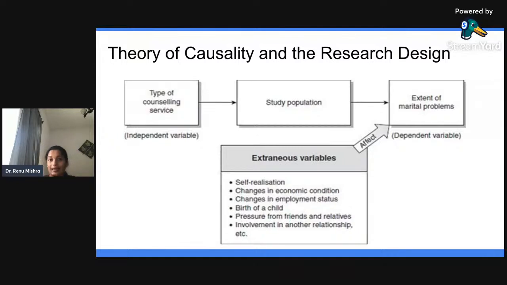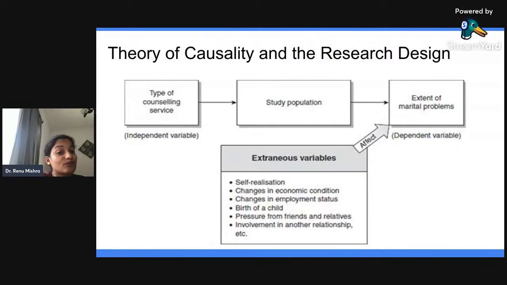Okay. Now, in this example, if there is a problem in the marriage of some couple, despite counseling being given, if the couple themselves realize that they need to settle down the problems, or if their parents come in between, or if there is a child with them, or if they have a better economic condition, then also their marital problems can be solved.